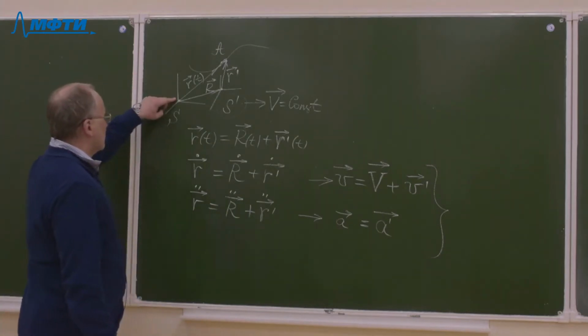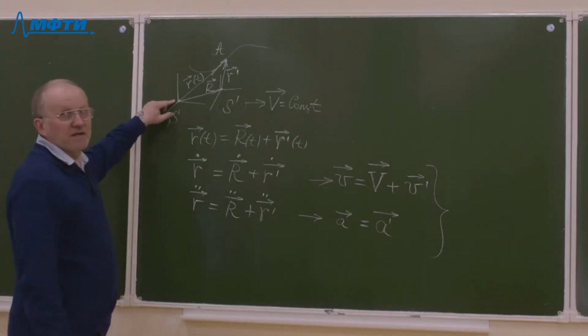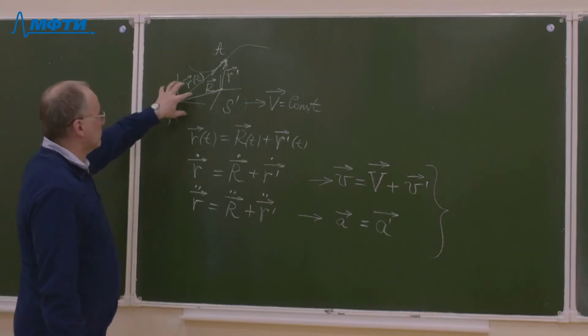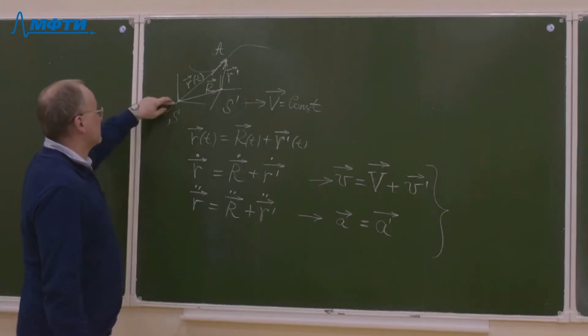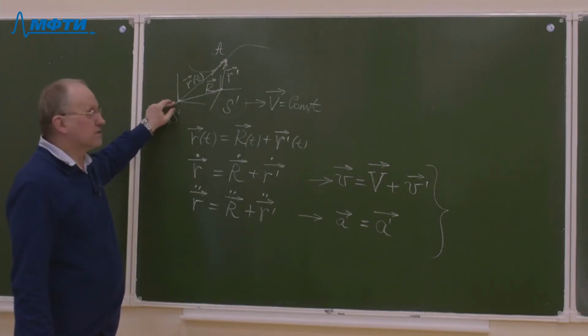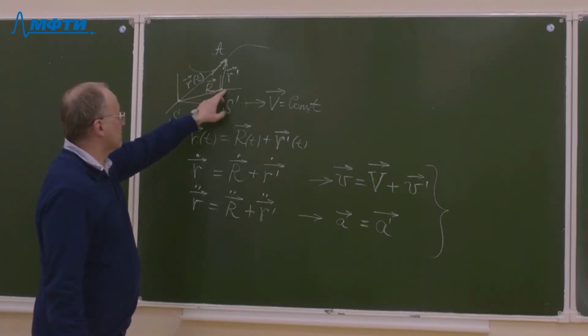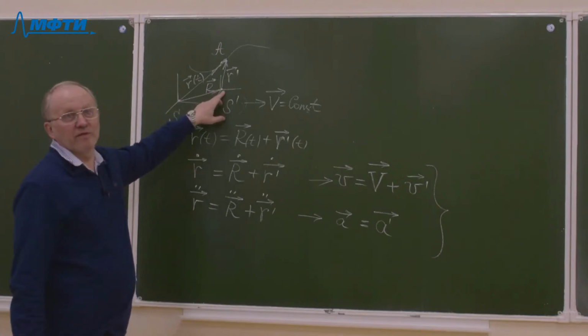One observer is in the reference frame S. He is attached to this solid body, and he measures the acceleration of particle A with respect to this reference system. And another observer is in reference system S prime.